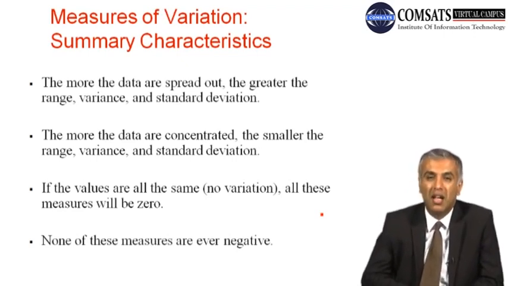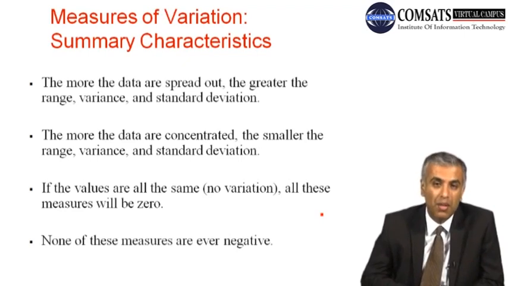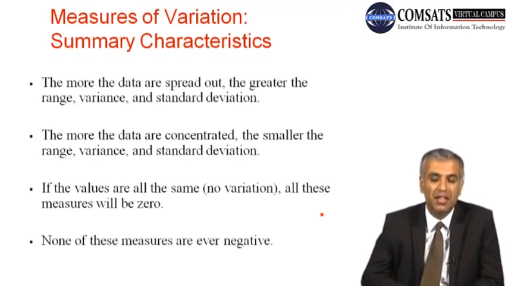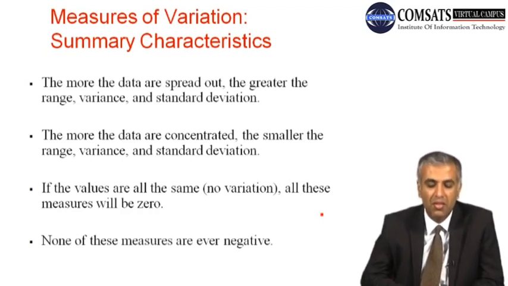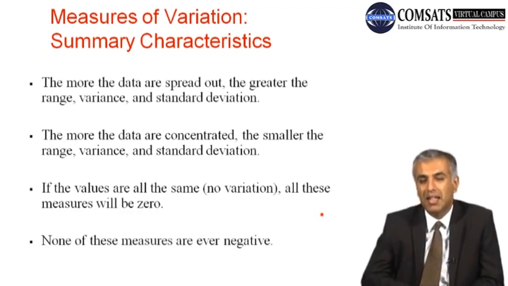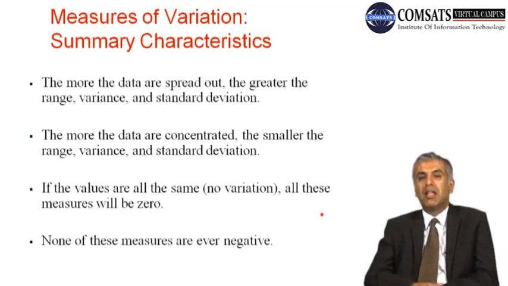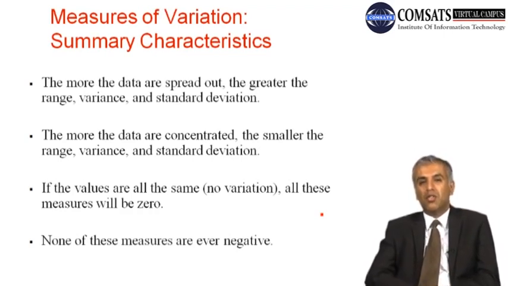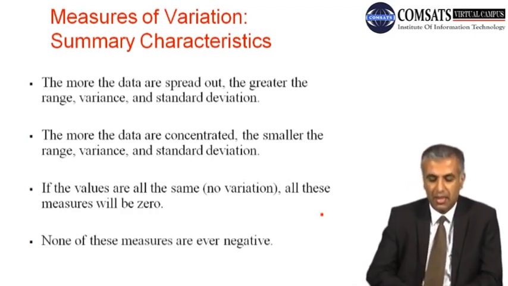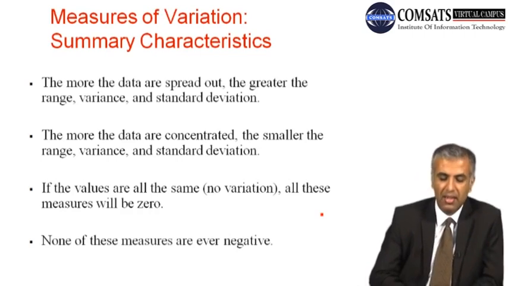The values are focused on only one point, and there is no dispersion. So all these measures would be zero. Again, the rule of thumb is that none of these measures can ever be negative, because it would not make any sense at all. That's why these measures are always taken as positive, and that is one of the most important things.